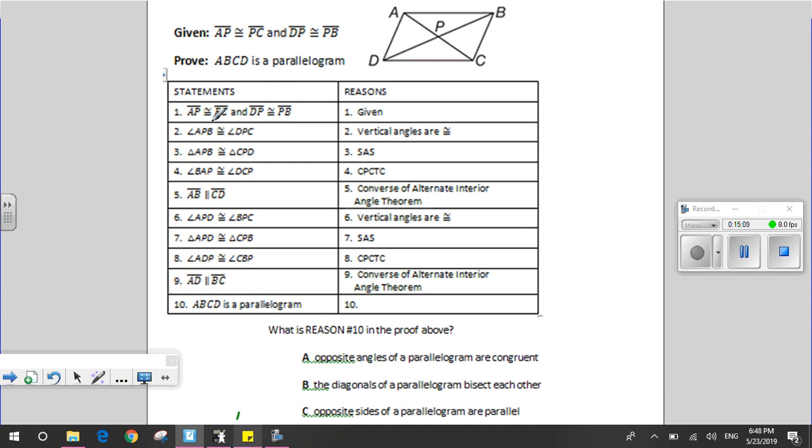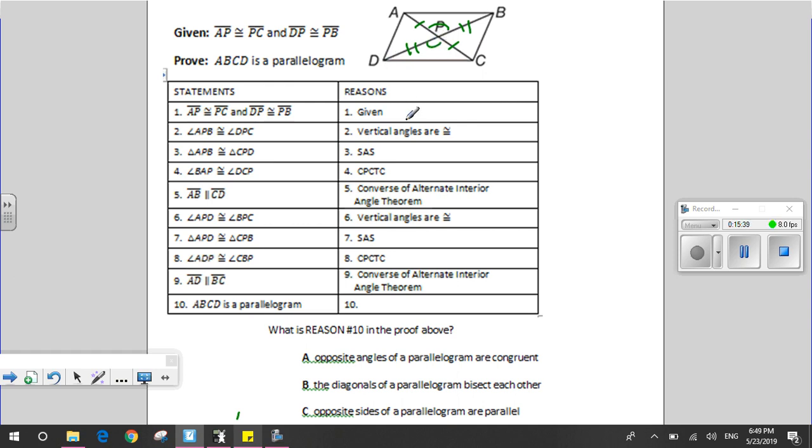It says segment AP is congruent to segment PC. So I'm going to mark that. Segment DP is congruent to segment PB. It says angle APB right here is congruent to angle DPC right here.